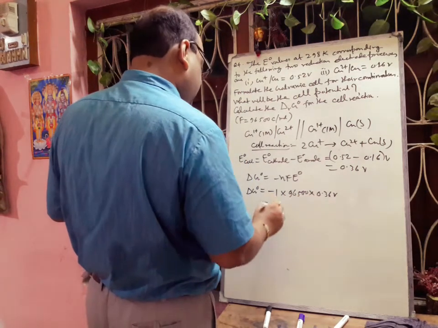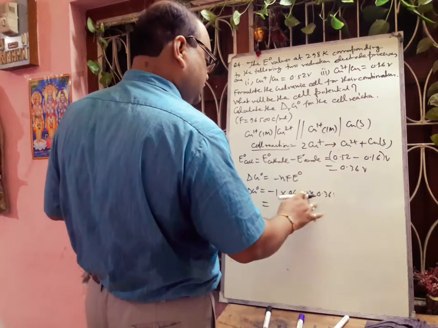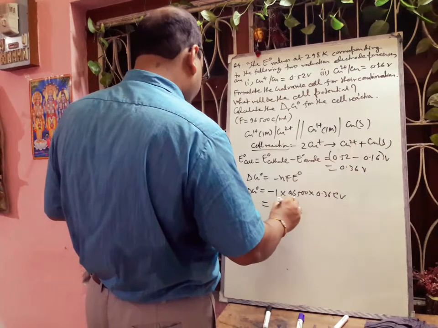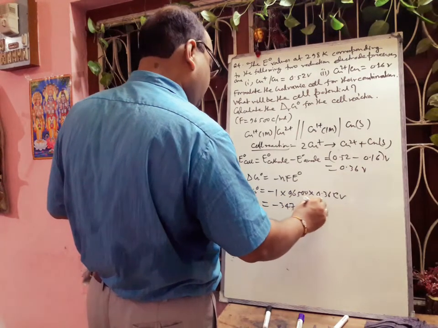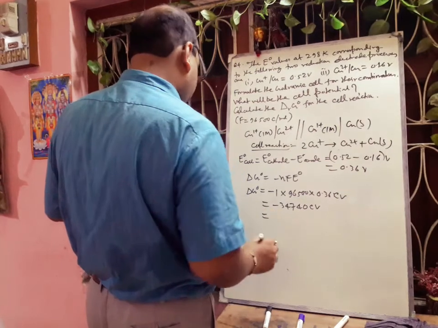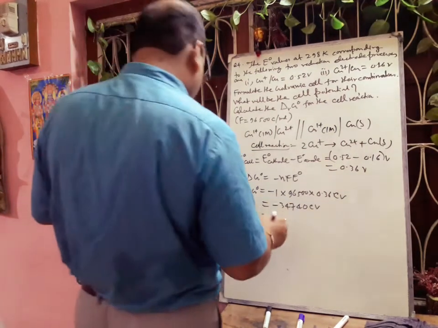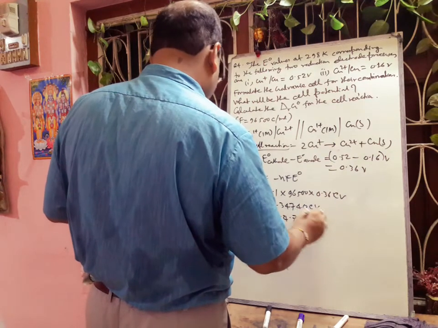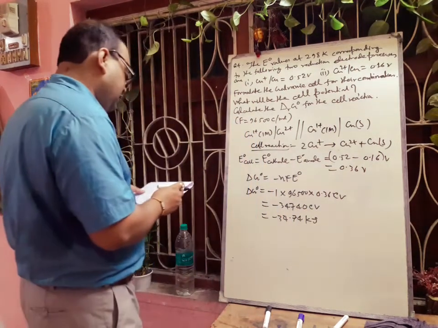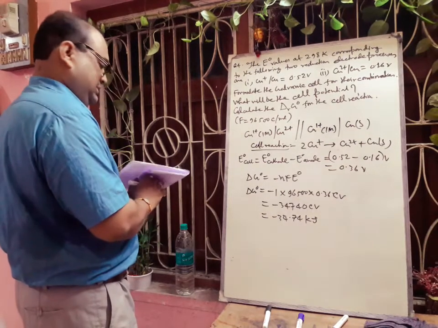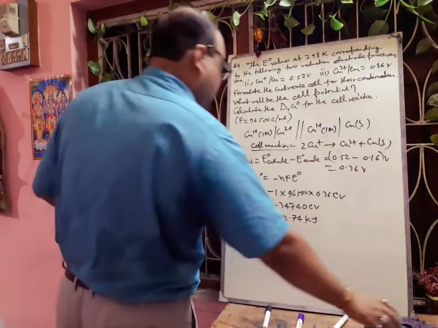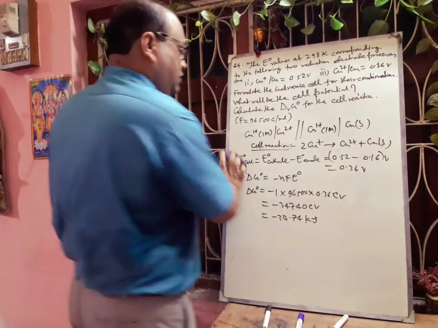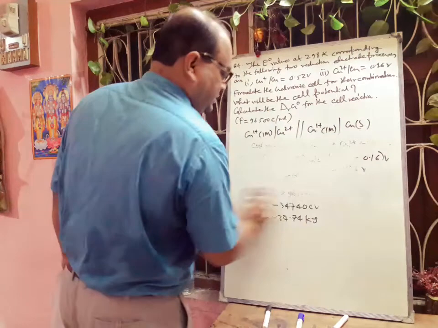If we calculate, we get 34,740 coulomb volt. 1 coulomb volt is equal to 1 joule, so if you convert it, you will get 34.74 kilojoule. In this way we can easily calculate the delta G value from this cell. This is one of the applications of the Nernst equation. Hope you can understand.